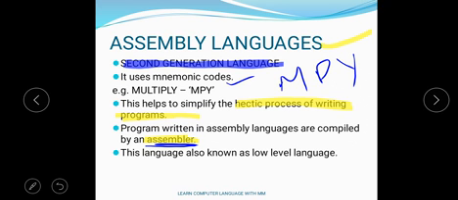I told you that computer only understands machine language. So at this point, we are converting the assembly language into machine language with the help of an assembler. And this language is also known as a low level language.